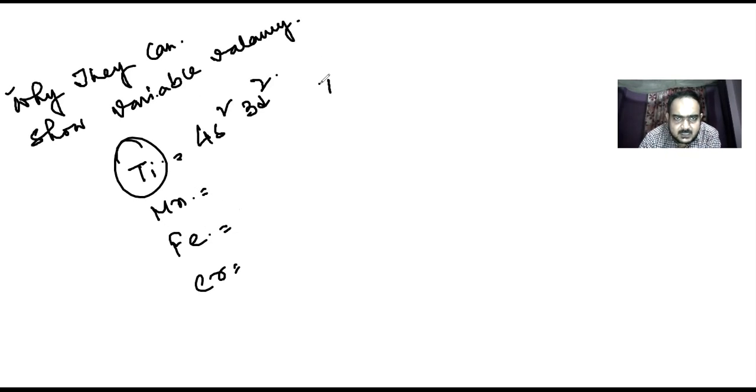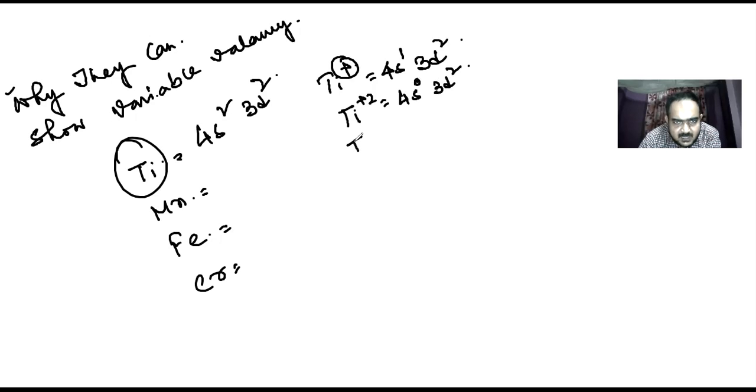At first, when it is Ti plus 1, this will become 4s1 3d2. Ti plus 2 will become 4s0 3d2. Ti plus 3 is 4s0 3d1. Ti plus 4 is 4s0 3d0.